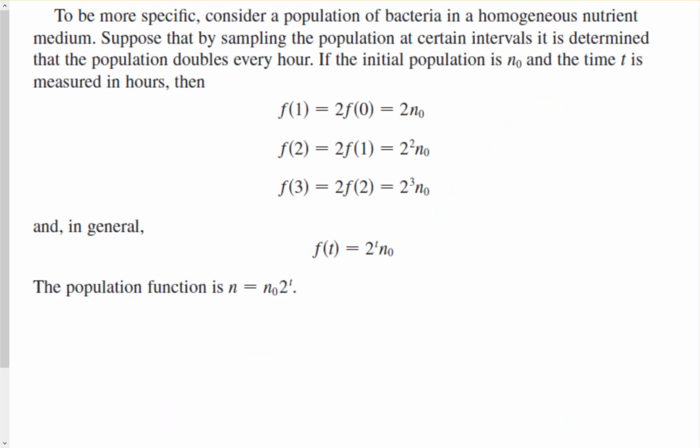To be more specific, consider a population of bacteria in a homogeneous nutrient medium. Suppose that by sampling the population at certain intervals, it is determined that the population doubles every hour.